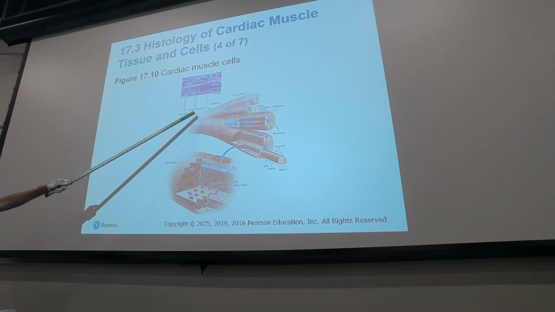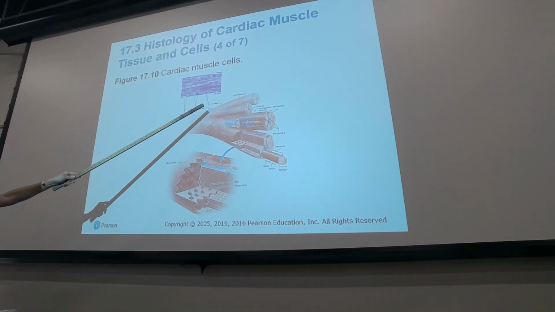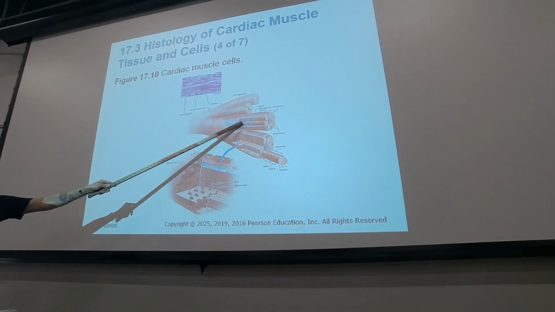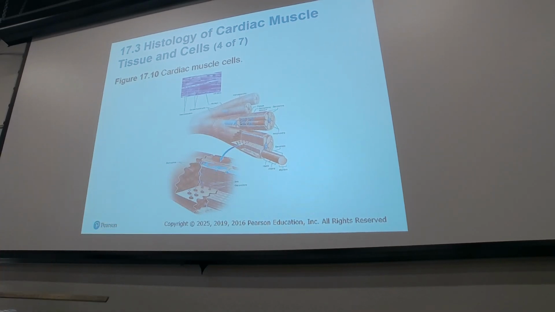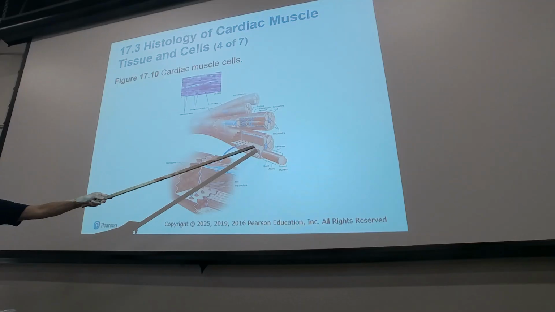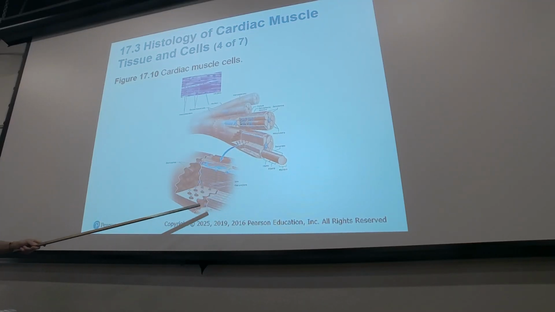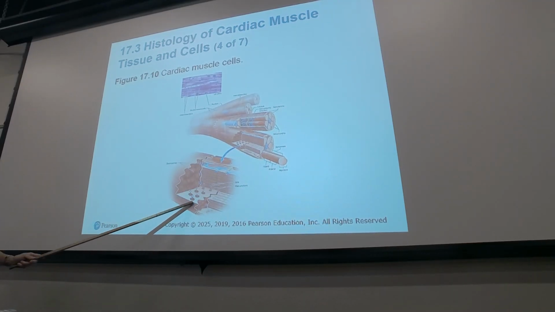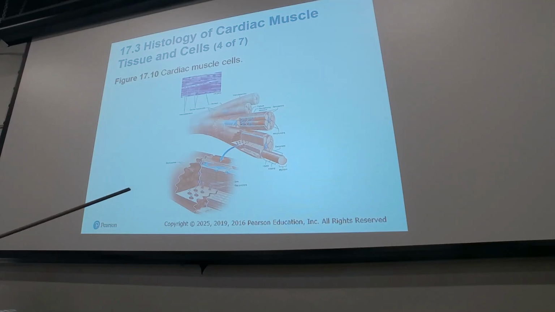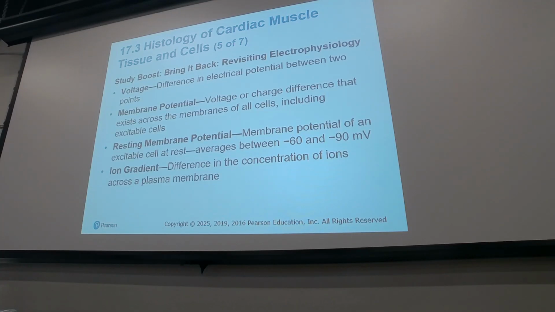And then if you magnify and make a cartoon, basically this is the intercalated disc. This is a branching of these cells, and if you look inside, you will see abundant mitochondria, and then you can see the gap junctions helping to transfer these ions so that the heart can contract at once.